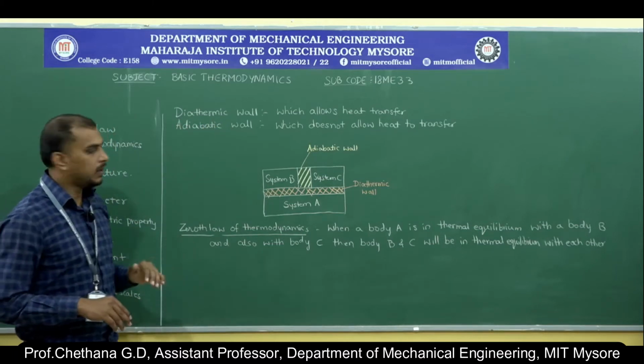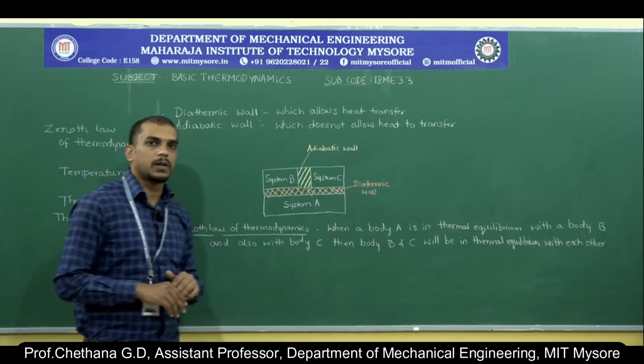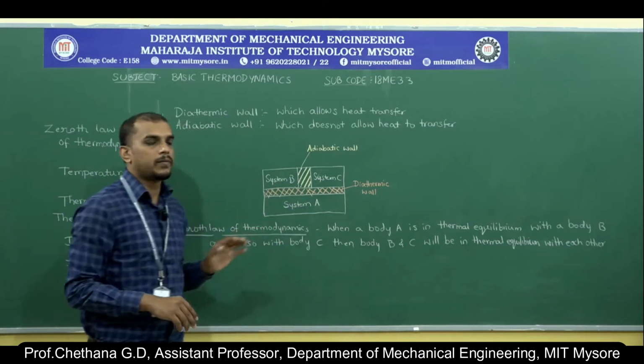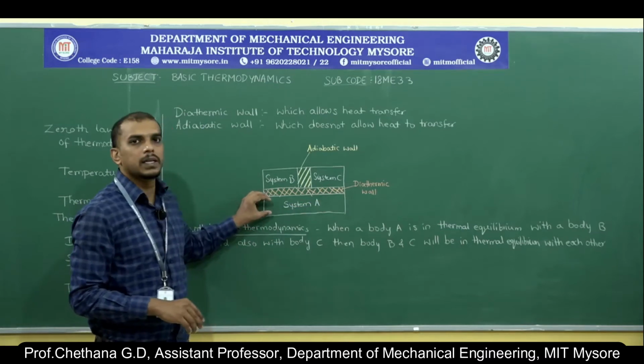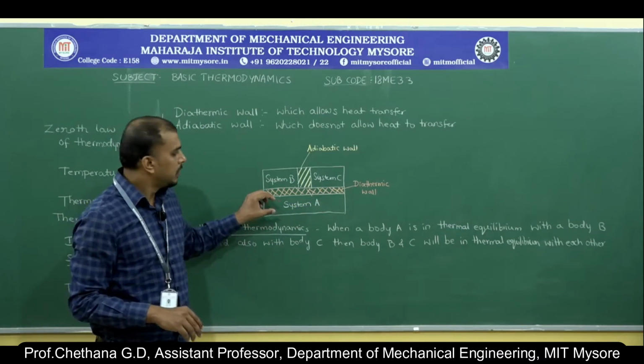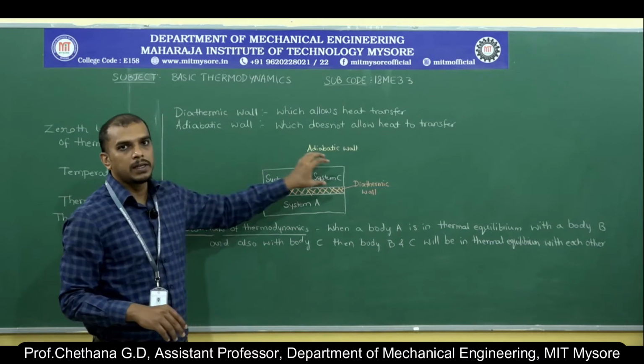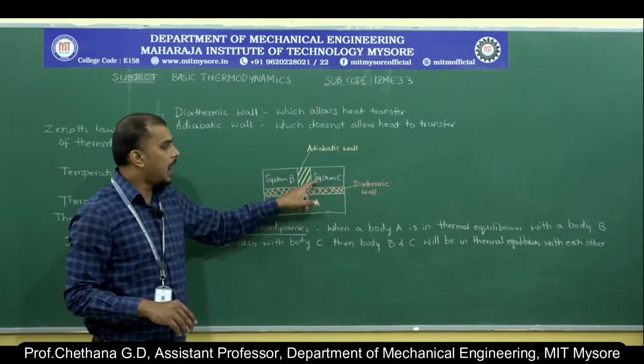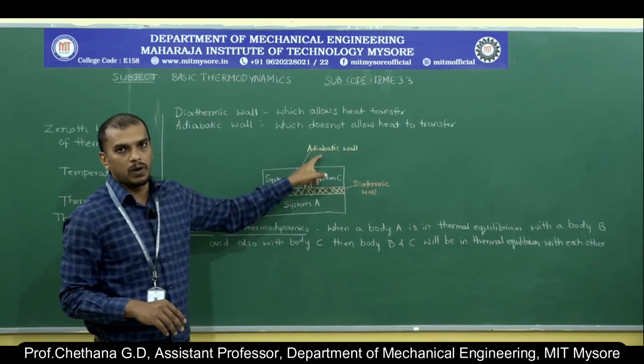Now, we will go to the definition of the zeroth law of thermodynamics. Before that, try to understand the figure. We have a system A, system B and system C. System B and system C are separated by an adiabatic wall.